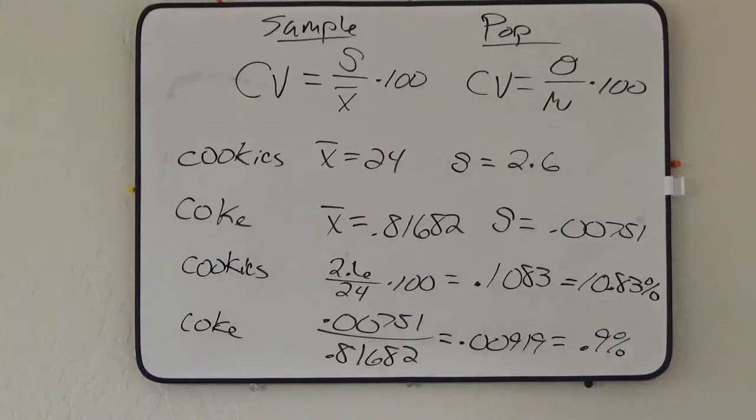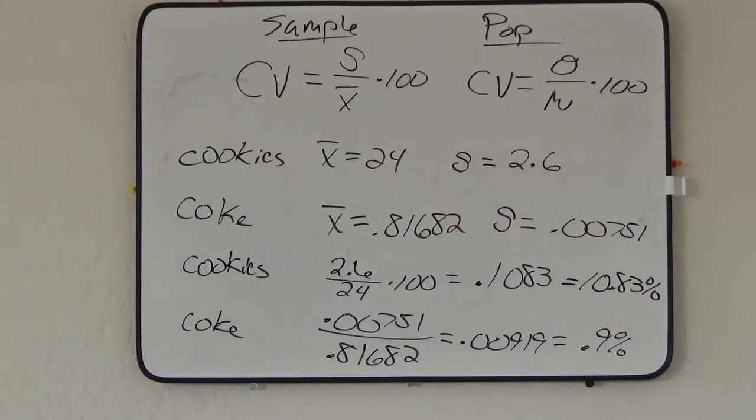What coefficient of variation does for us is allow us to compare the variation relative to the mean. You can see here that cookies vary considerably more than Coke does. Cookies are 10.8%, Coke varies only 0.9%. And so it's just a way of comparing those variations. All right.